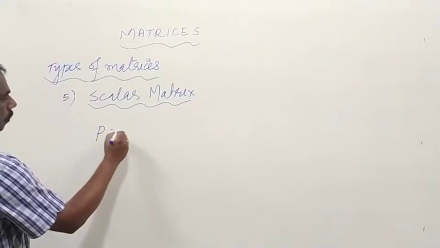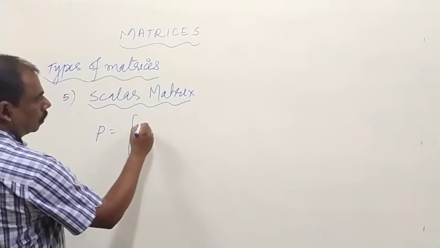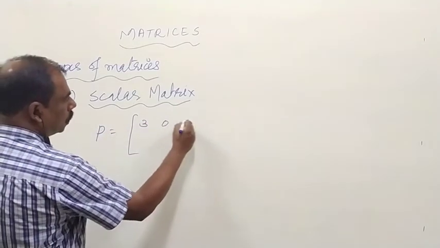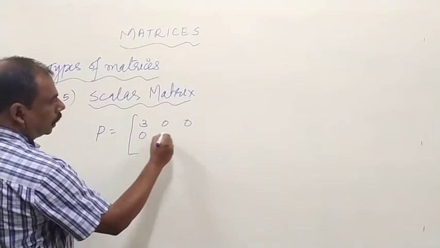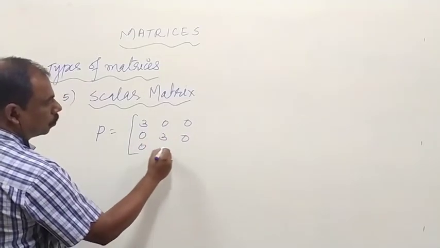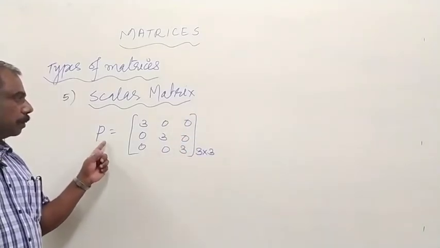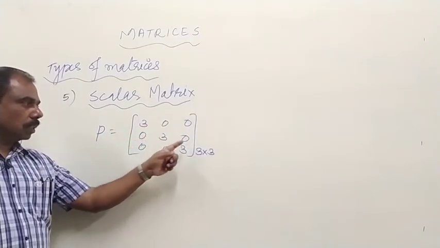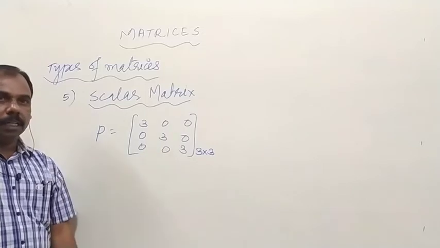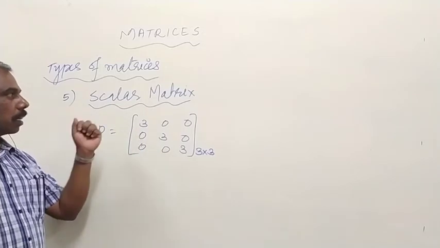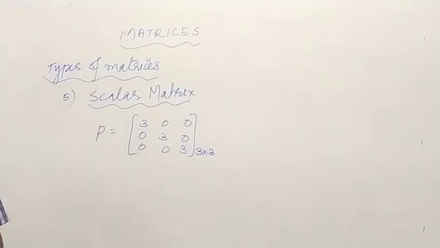Say for example, P is equal to 3, 0, 0, 0, 3, 0, 0, 0, 3. Look at this matrix P is equal to 3, 0, 0, 0, 3, 0 and 0, 0, 3, and compare with your earlier diagonal matrix and square matrix.